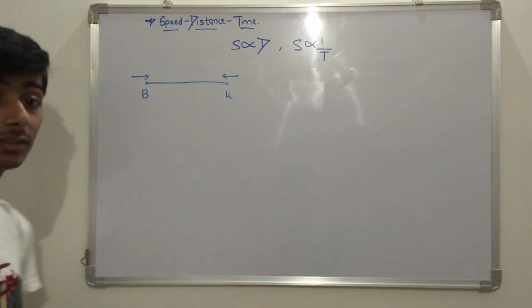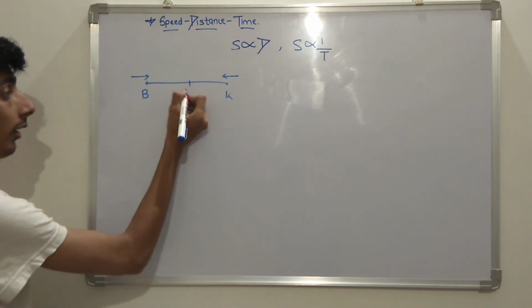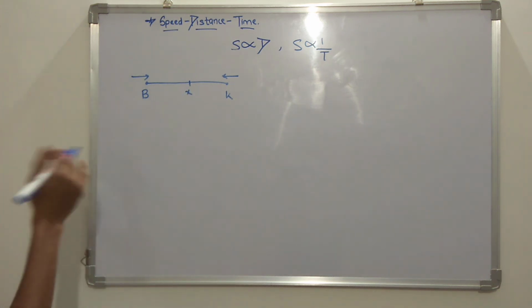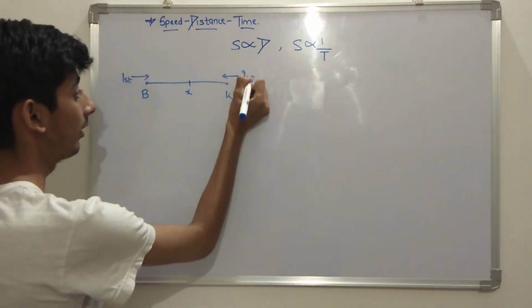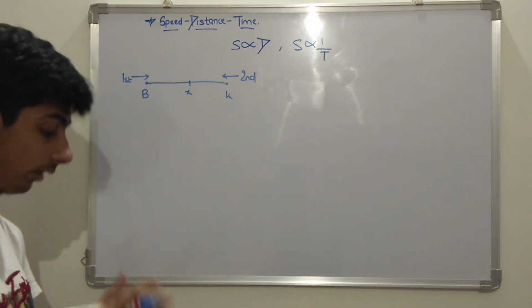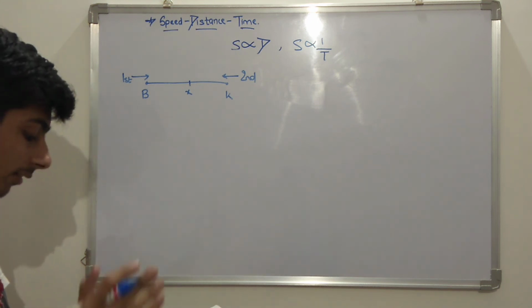After passing each other, let me take this point as a point X at which they both meet. And after passing each other, if we take this is the first and this is the second, they complete their journey in 1 by 3 hours and 4 by 5 hours respectively.